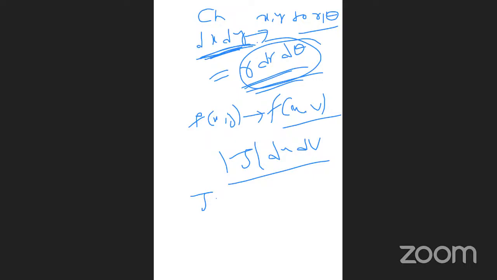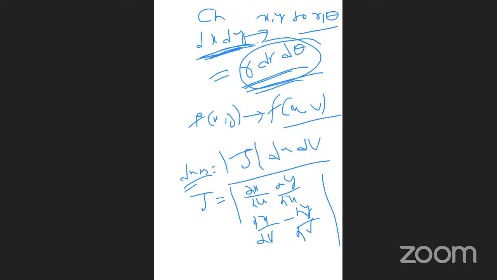This is the J value: the determinant of dou x by dou u, dou y by dou u, dou x by dou v, dou y by dou v. When we change dx dy, we can write dx dy equal to the modulus of J into du dv. But when asked for polar coordinates, we can directly write dx dy equal to r dr d theta. This is the change of variable.